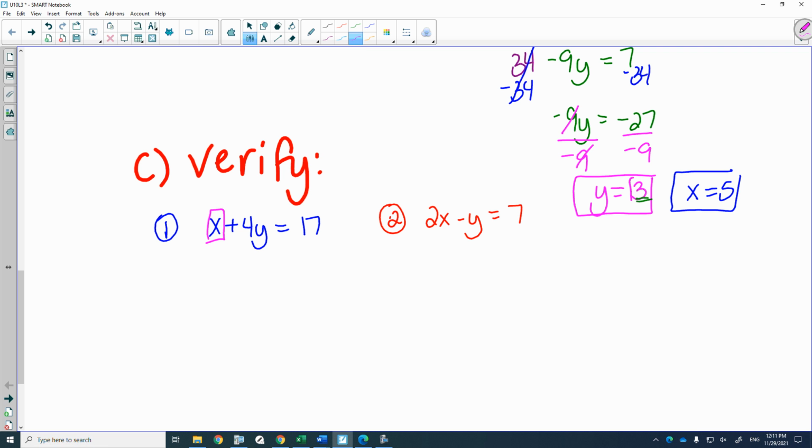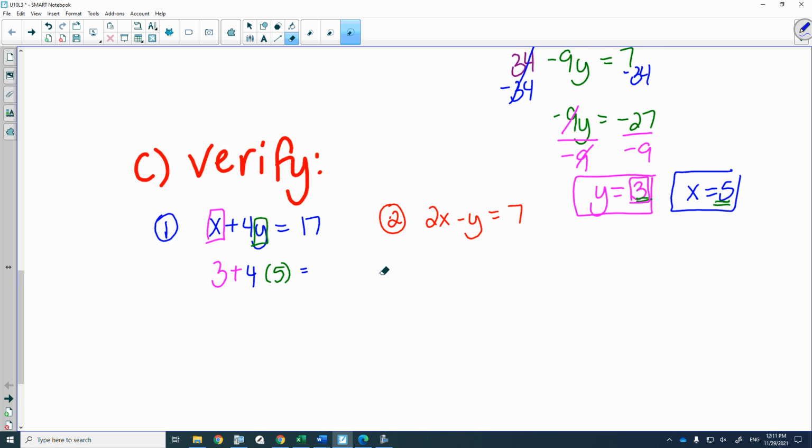X comes out, 3 goes in. Y comes out, 5 goes in. So 3 plus 4 times 5 equals 17. Or sorry, we're going to see if that equals 17.